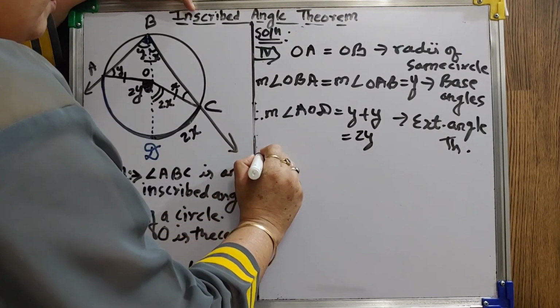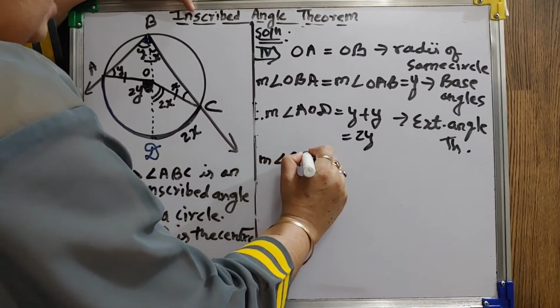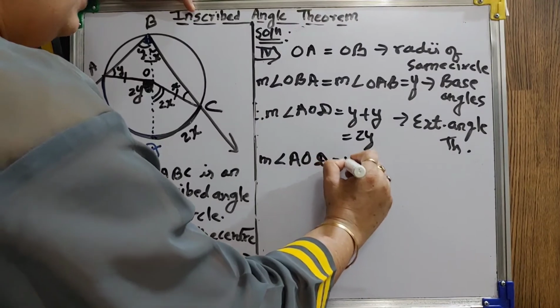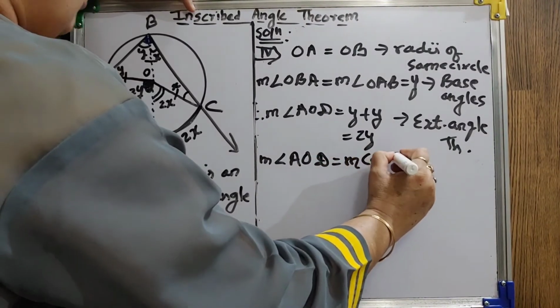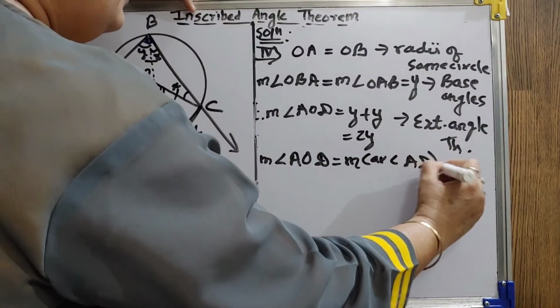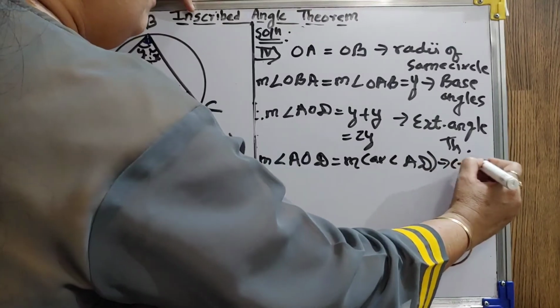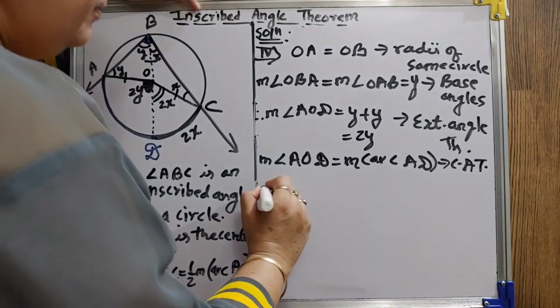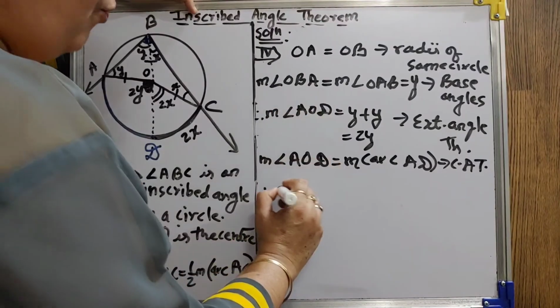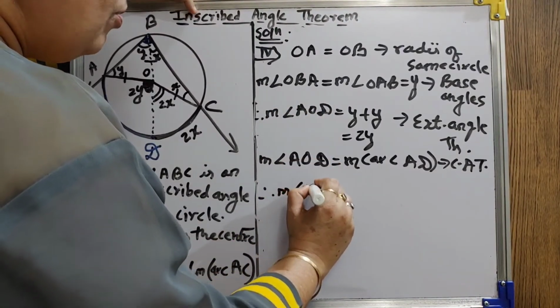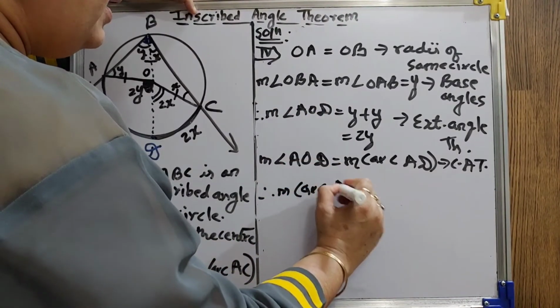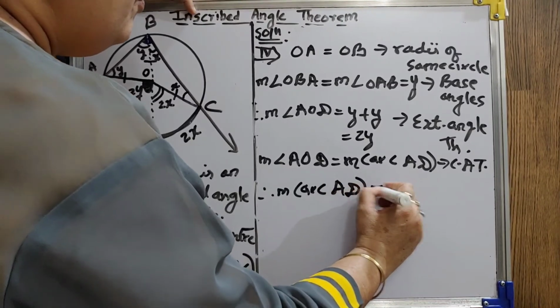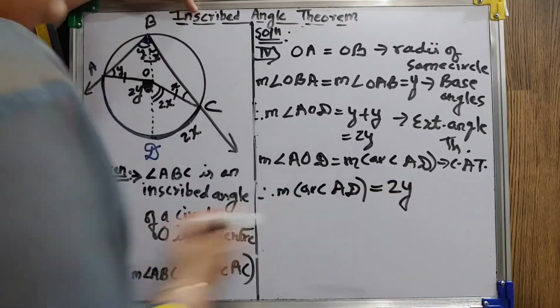Now, the measure of angle AOD will be equal to the measure of arc AD. I am writing the short form, central angle theorem. Since I got this angle 2y, my measure of arc AD will be 2y.